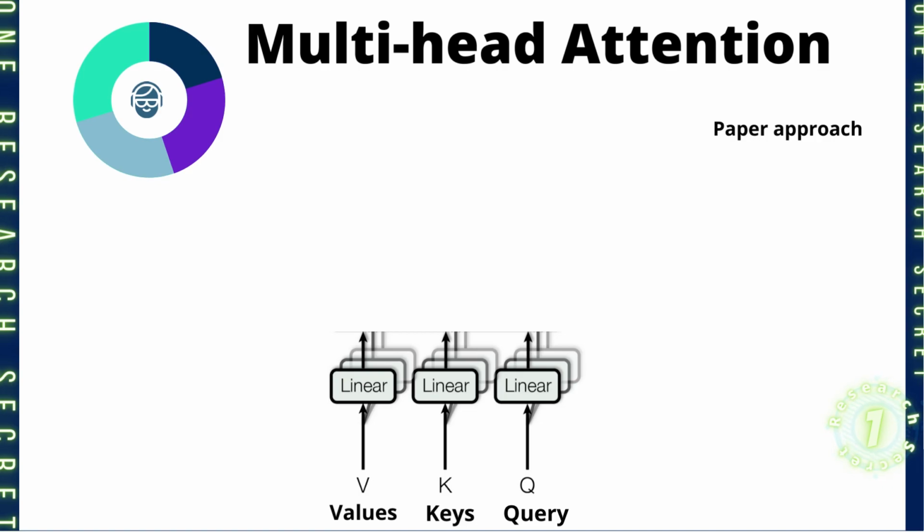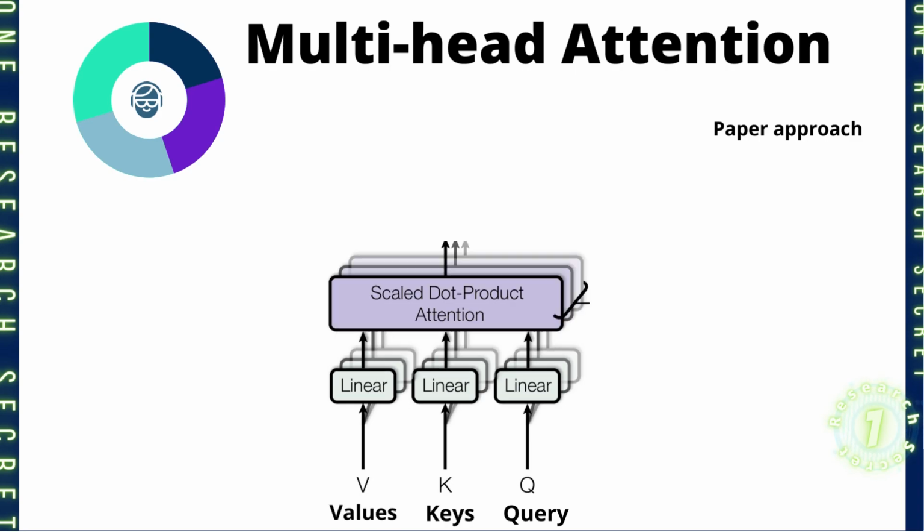Different combinations of the keys, values, and queries of the same input sentence are projected, and the scaled dot product attention function is applied in parallel on all these input combinations. Each of these parallel layers is called a head, which is then concatenated to get the final values.